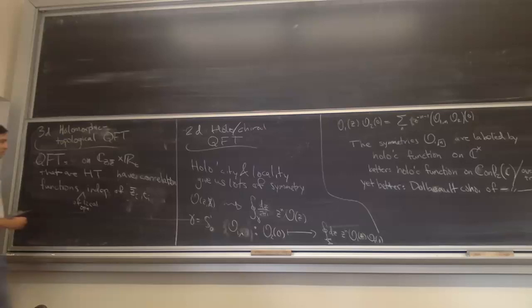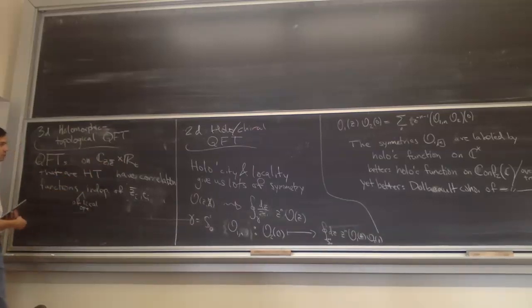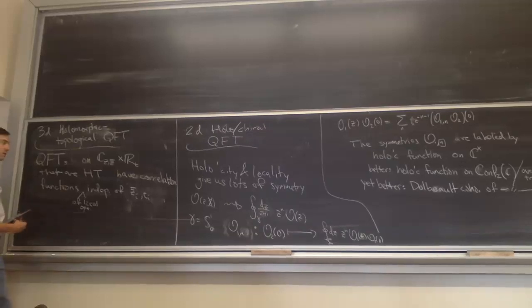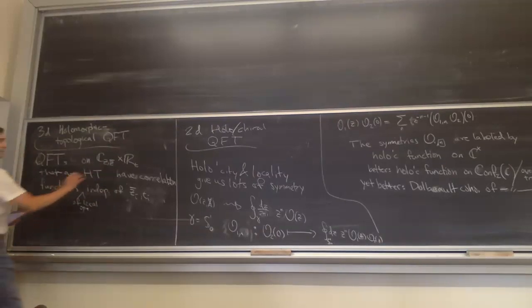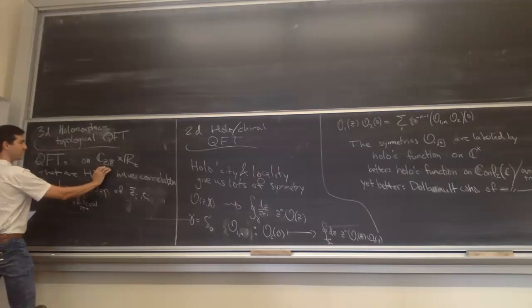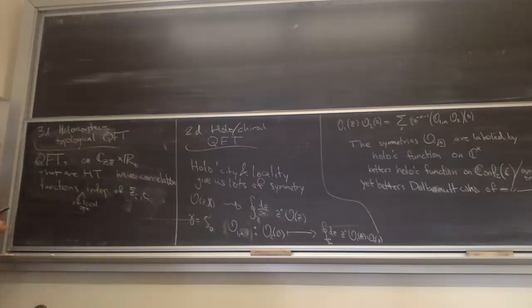Globally, there's a notion of a transverse holomorphic foliation. So rather than just working on flat space, you can work on curved manifolds equipped with a transverse holomorphic foliation, where locally everything looks like C times R, and the transition functions are holomorphic in these 2 coordinates, and they take a particular form in this t coordinate.